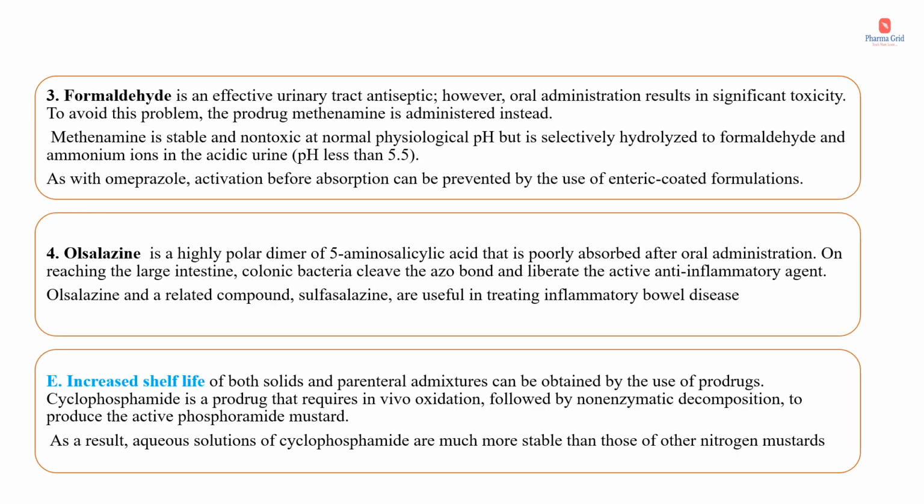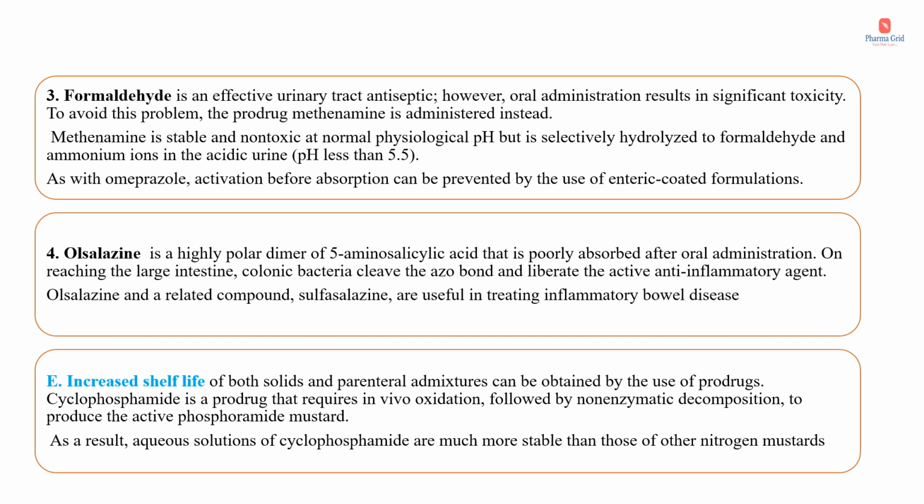Next example for the site specificity is formaldehyde. Formaldehyde is an effective urinary tract antiseptic. However, oral administration results in significant toxicity. So in order to avoid this problem, the prodrug methenamine is administered instead. Methenamine is stable and non-toxic at normal physiological pH but is selectively hydrolyzed to formaldehyde and ammonium ions in the acidic urine.